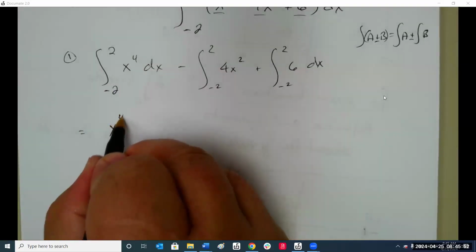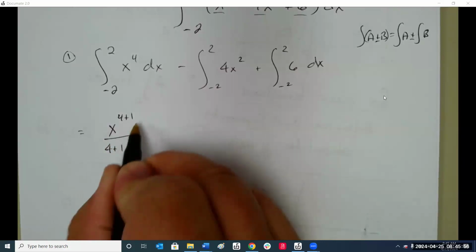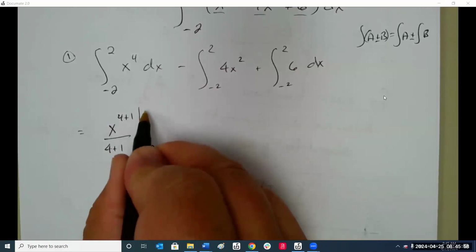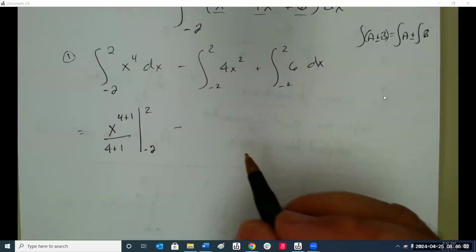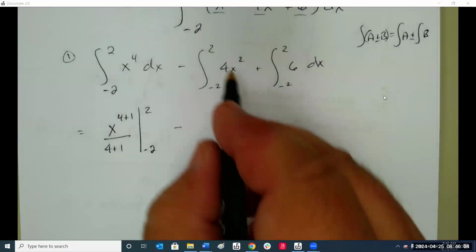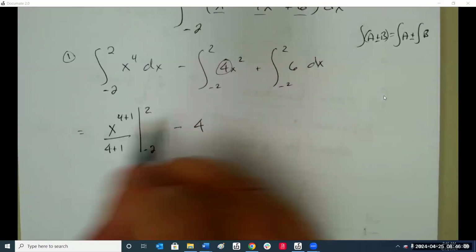Take your power, add 1. Whatever you do there, you gotta do to the bottom, from -2 to 2. That's a constant multiple, so it can go out in front.